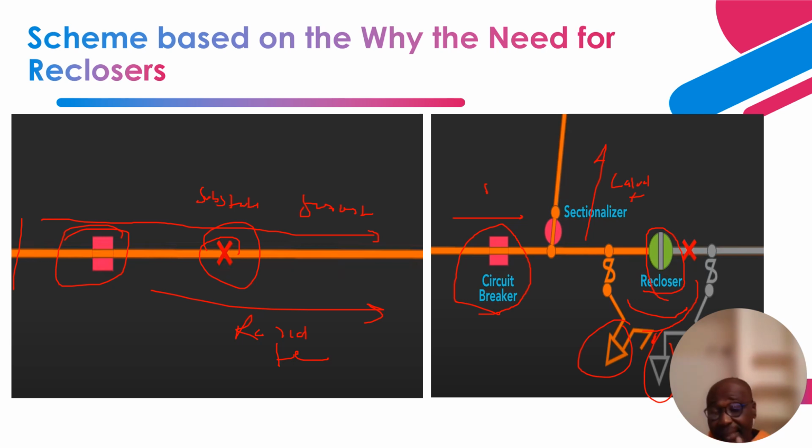So these are three indexes that are key KPIs for a distribution system: SAIFI, SAIDI, and MAIFI. The first one is system average interruption frequency index, then system average interruption duration index, and momentary average interruption frequency index.